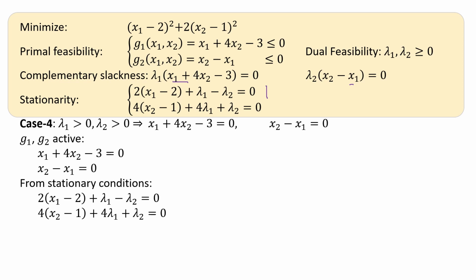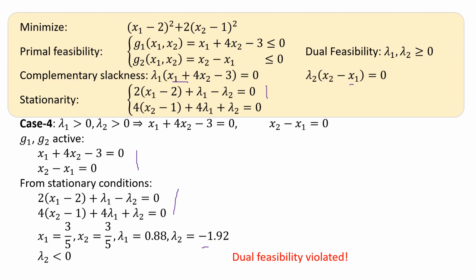So we have 4 variables, x1, x2, lambda 1, and lambda 2, and we have 4 equations to use. So solving, we get x1 is 3 over 5, x2 is 3 over 5, lambda 1 is 0.88, so far so good, but lambda 2 is negative 1.92. So again, dual feasibility is being violated. So we reject the solution.